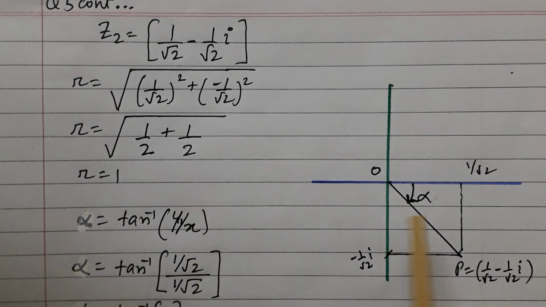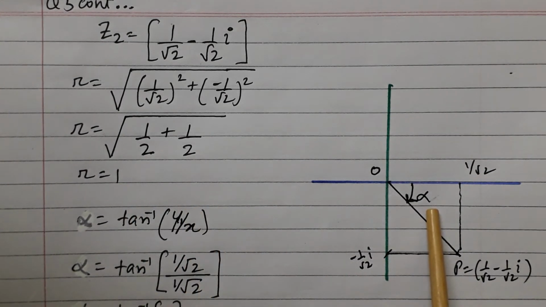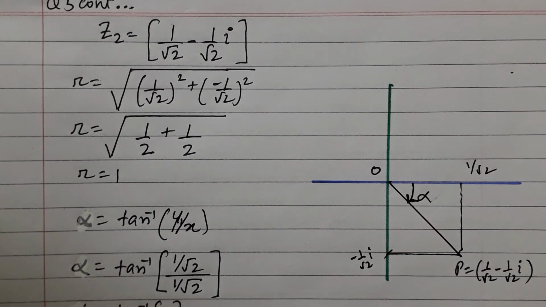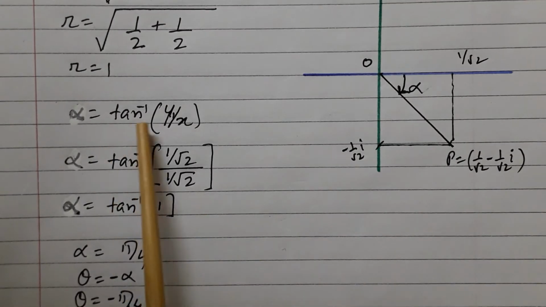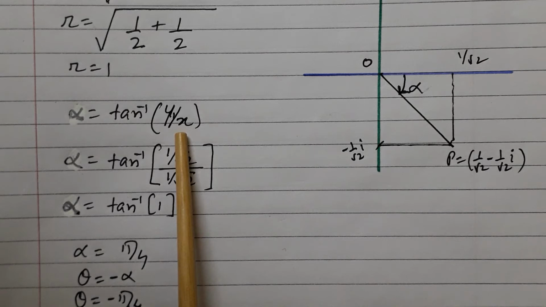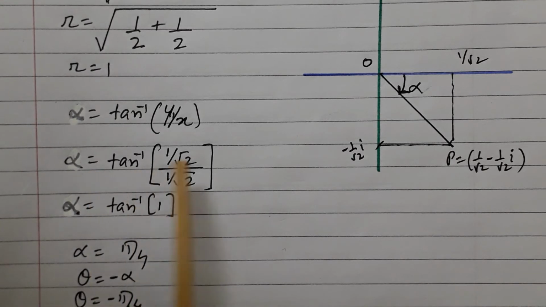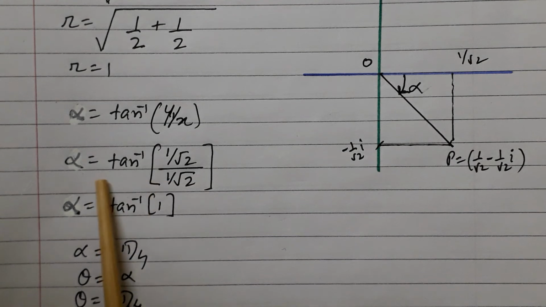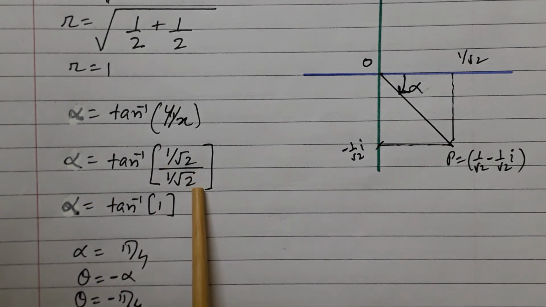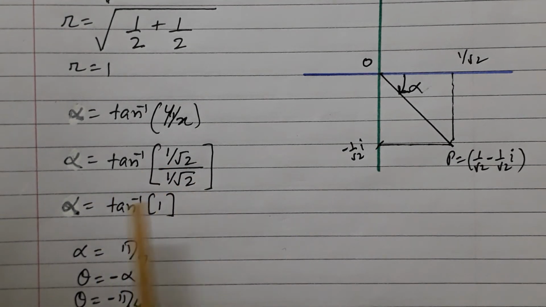Now let us calculate the argument alpha. Alpha is tan inverse y by x. x is 1 by root 2, y is negative 1 by root 2. But here in alpha, I have substituted x and y as positive. So alpha is tan inverse 1 by root 2 upon 1 by root 2.